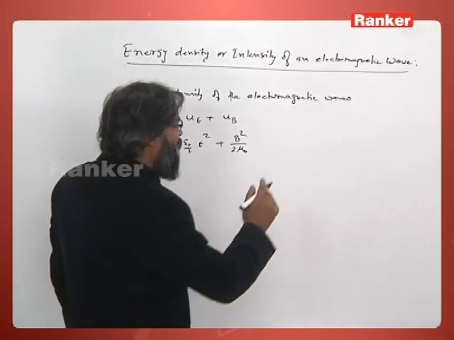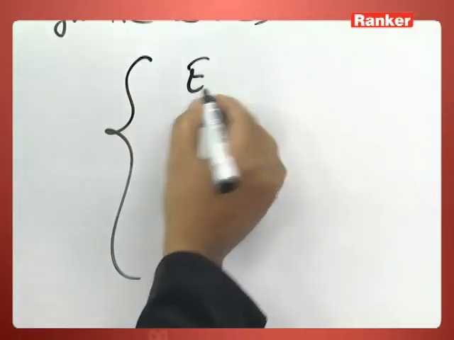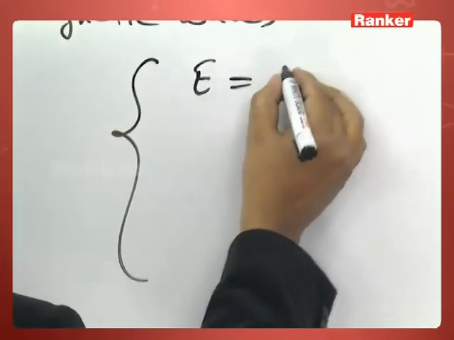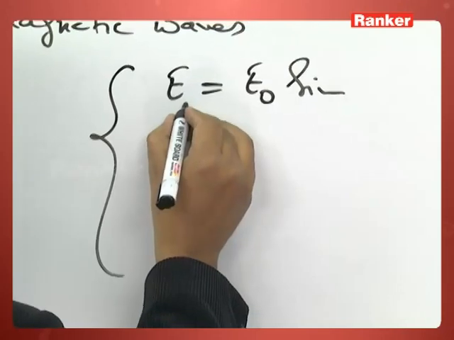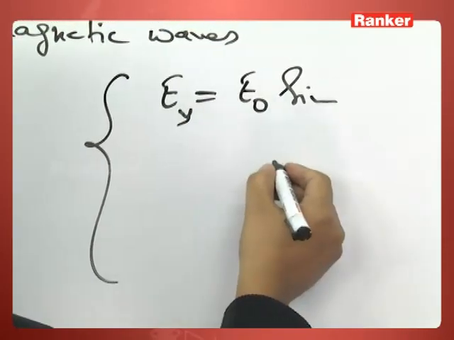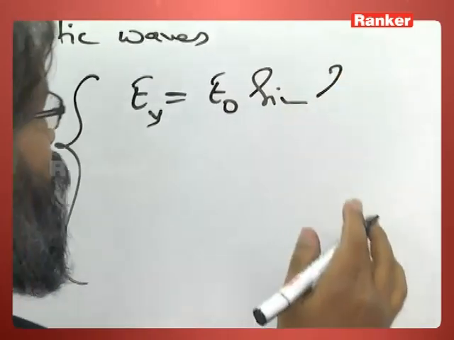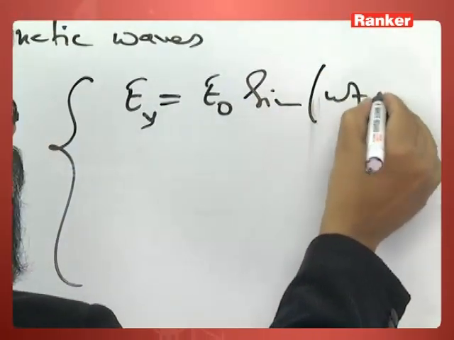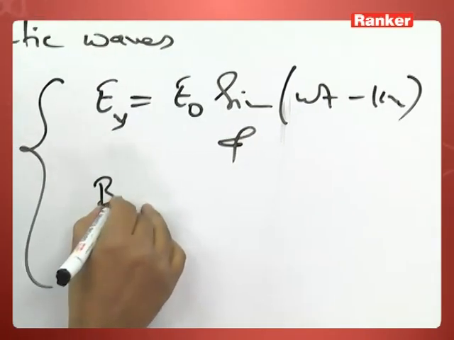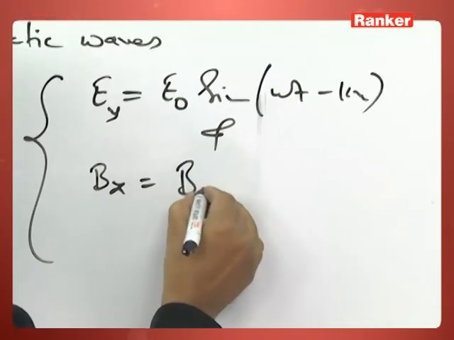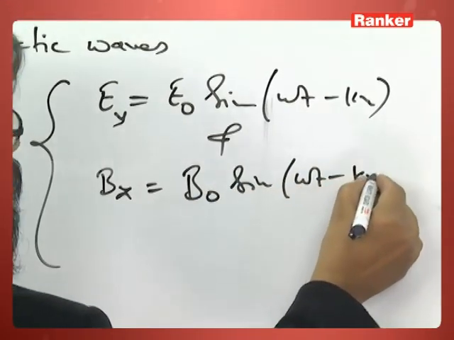I think one thing I missed, let us write about electromagnetic waves, that E, the field EY, is equal to E naught sine omega t minus kx, and I wrote BZ is equal to B naught sine omega t minus kx.